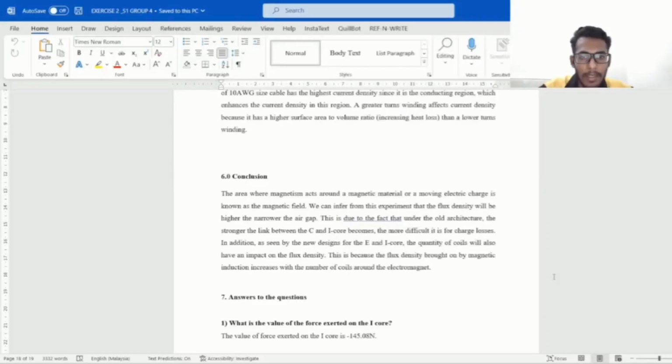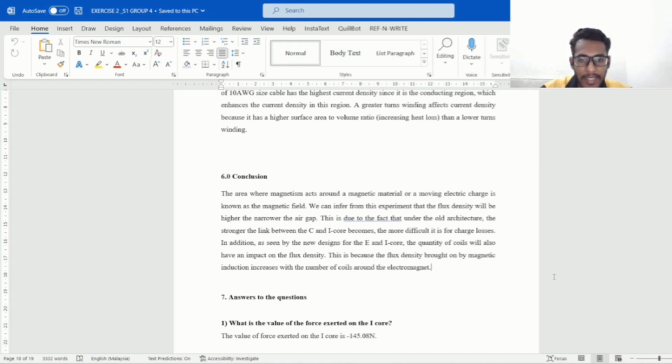Thank you. In conclusion, the area where magnetism acts around a magnetic material or a moving electric charge is known as the magnetic field. We can infer from this experiment that the flux density will be higher the narrower the air gap. This is due to the fact that the stronger the link between the C and I core becomes, the more difficult it is for flux losses.